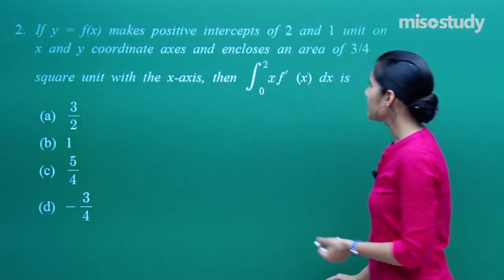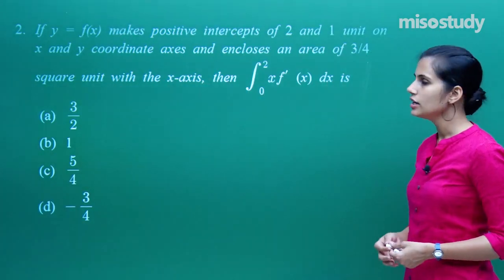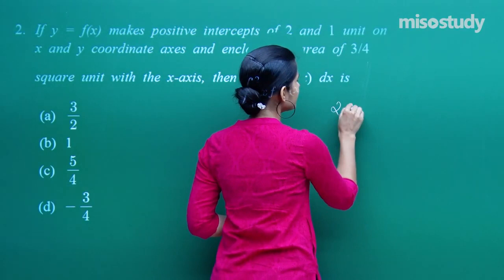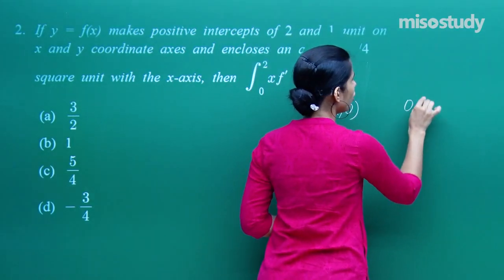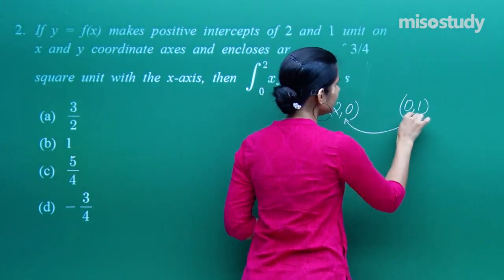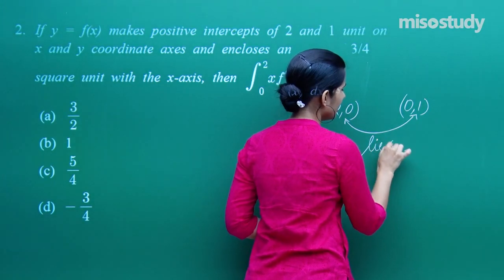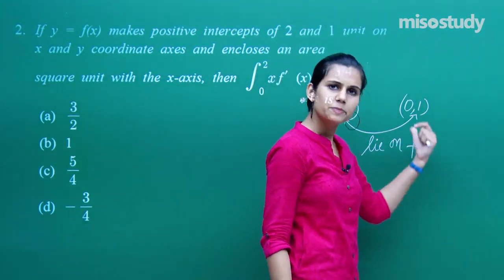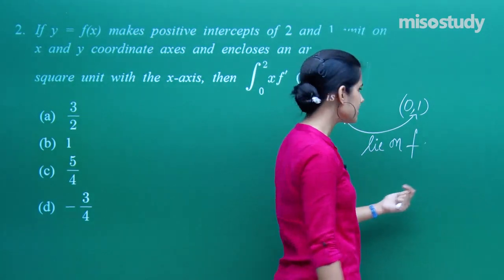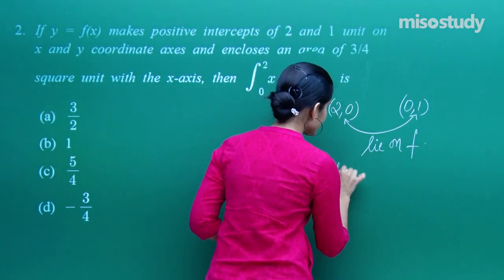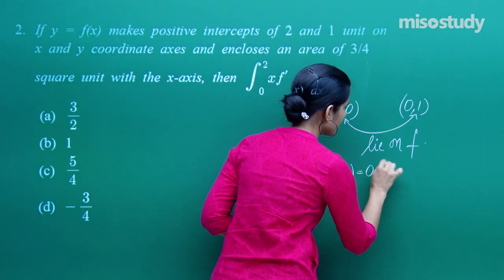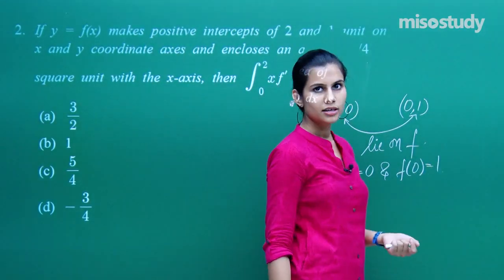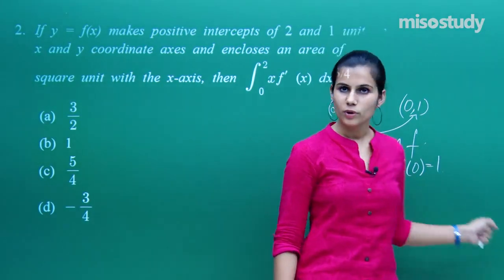If f(x) is making positive intercepts of 2 and 1 on the x and y coordinate axes, that means 2 comma 0 and 0 comma 1, both these points lie on the graph of f, or f is passing through these 2 points. This means f of 2 is 0 and f of 0 is 1.